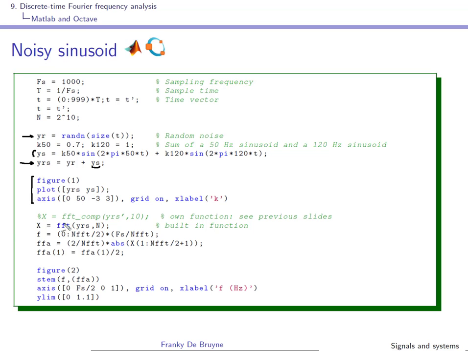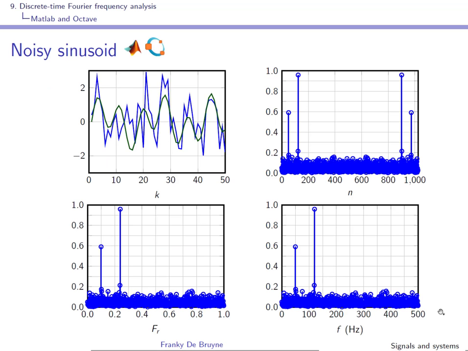see that it's difficult to see in the time domain that this signal has an underlying sum of two sinusoids in the background. So what is done over here is the code that you should recognize by now to compute the amplitude spectrum, and then the amplitude spectrum is presented. So here at the top left you see in green the original signal without the noise.